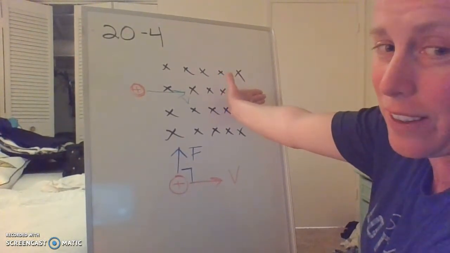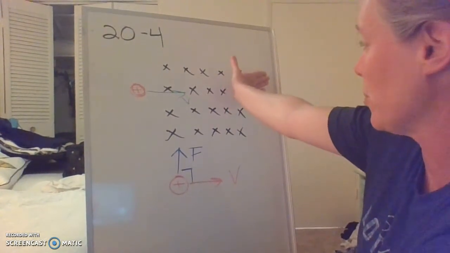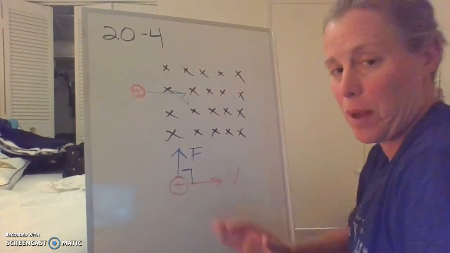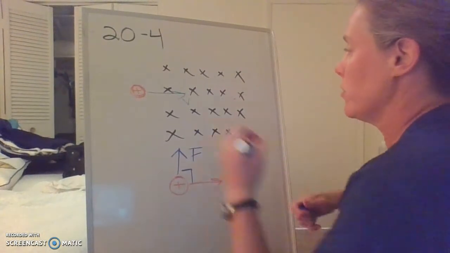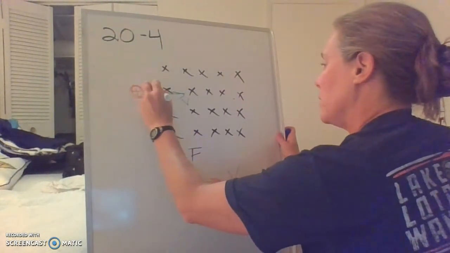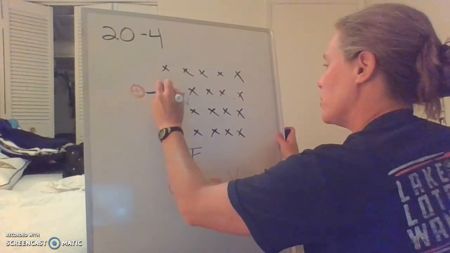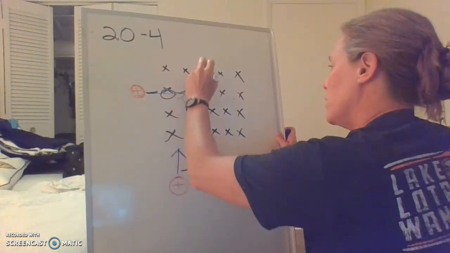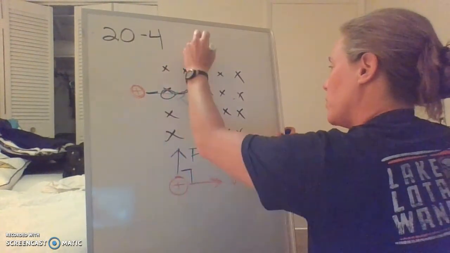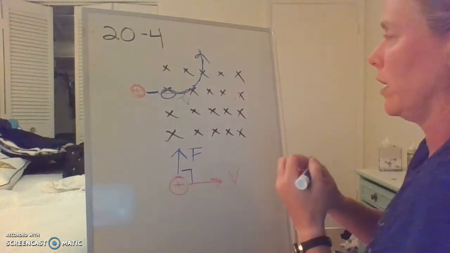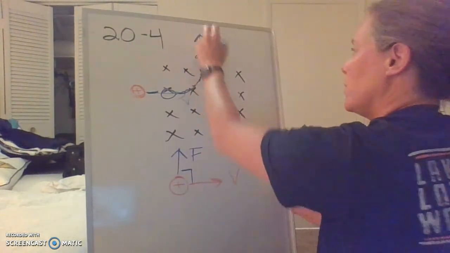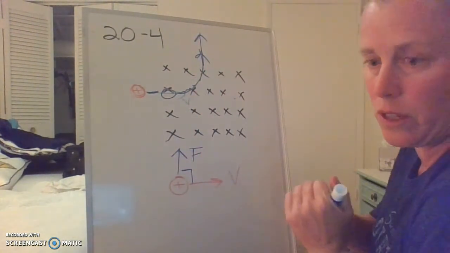Sorry, I have to put this at an angle. That means my force is up on the page. So my path for this is going to be, once it enters the field, it's going to create this circular motion, and then once it gets out of the field, it'll go straight, okay?